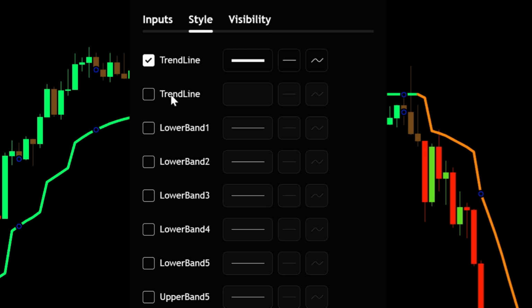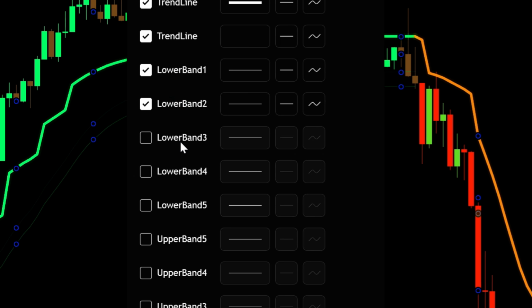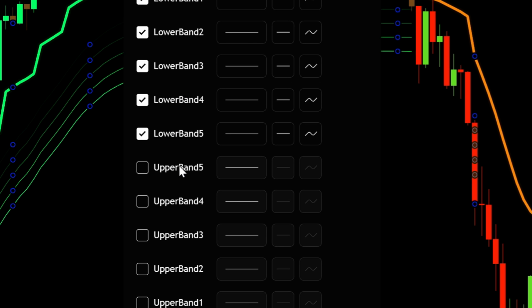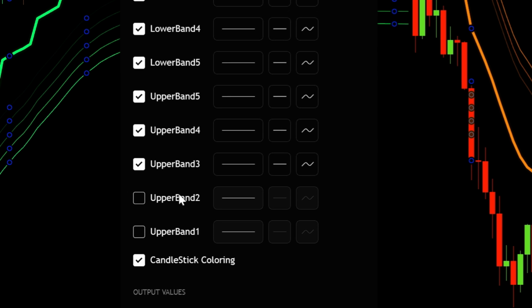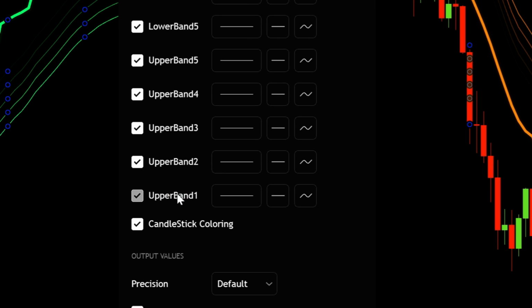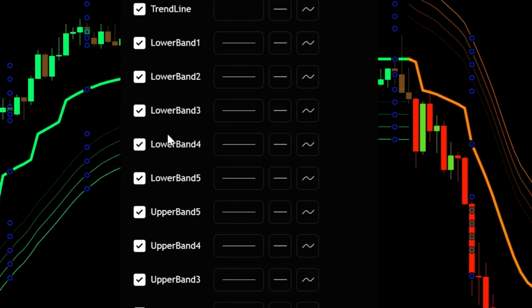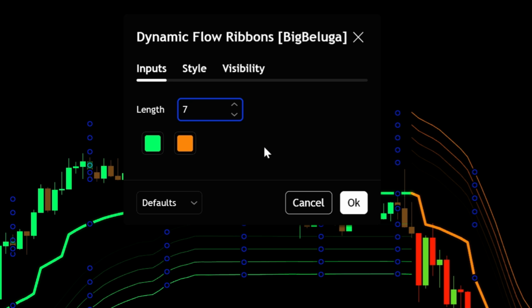These are the colored areas above and below the candles. Then go to Inputs, find the length option and set it to 7. Make sure the colors are green and red so it's easy to read.